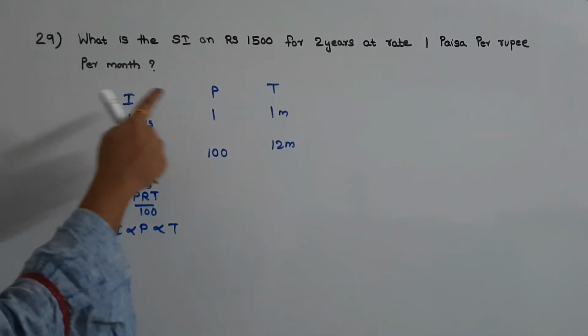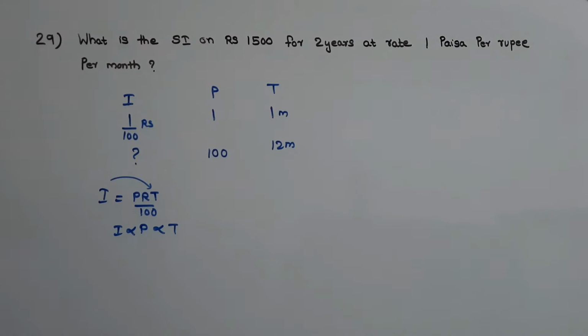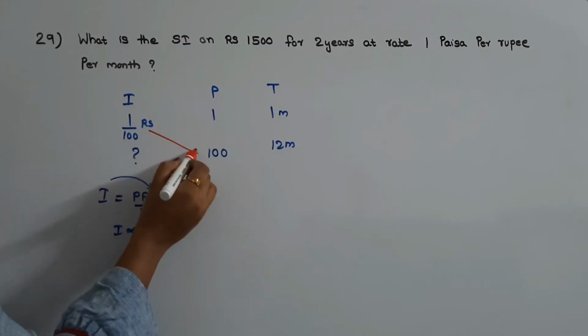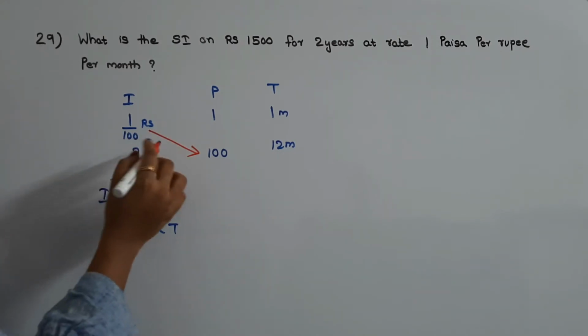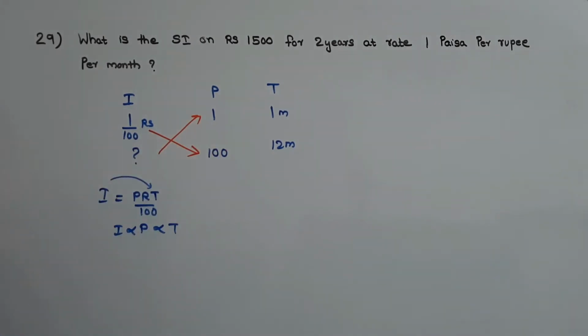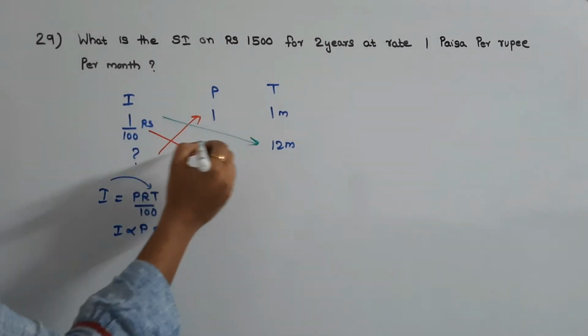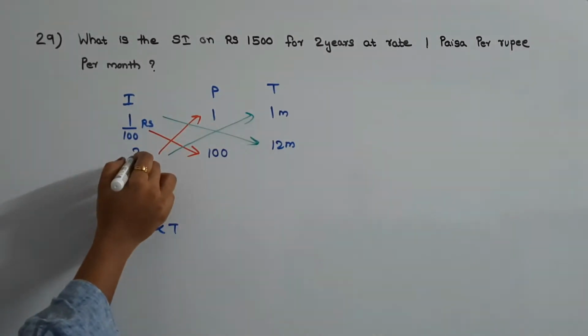Now, when direct proportionality comes, I told we need to do cross multiplication. So, interest and principal are directly proportional. So, we need to do cross multiplication in order to get this value. Now, interest and time period are also directly proportional. Hence, here also we need to do cross multiplication to get this value.